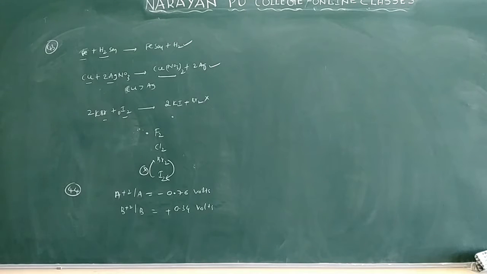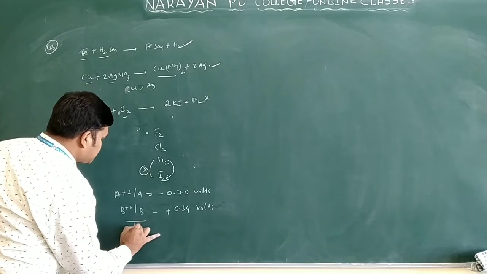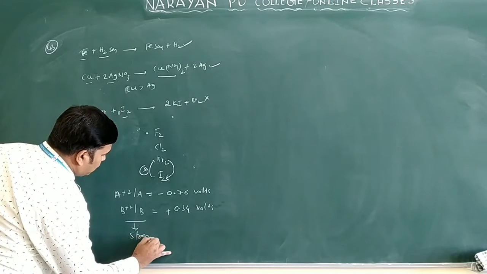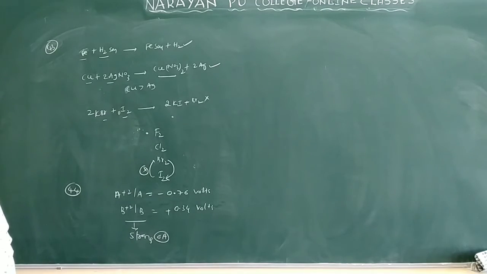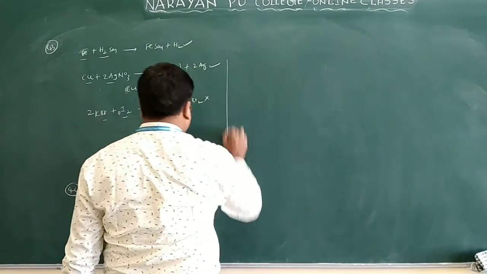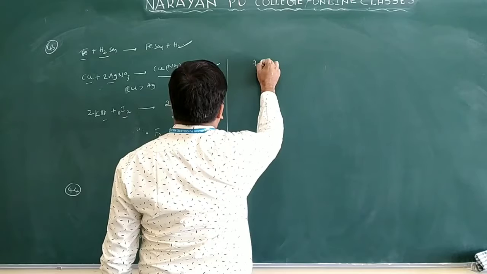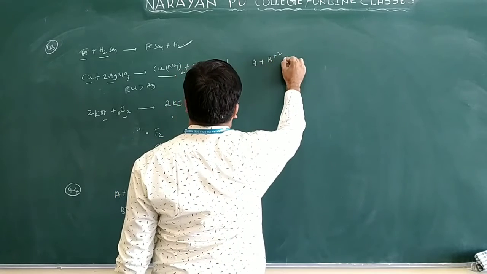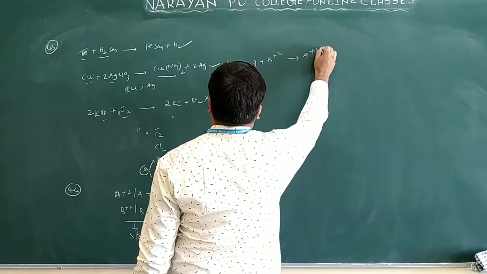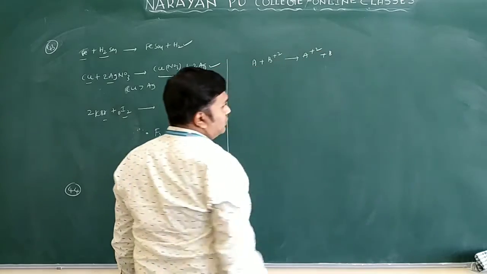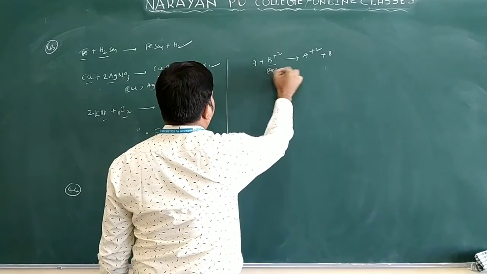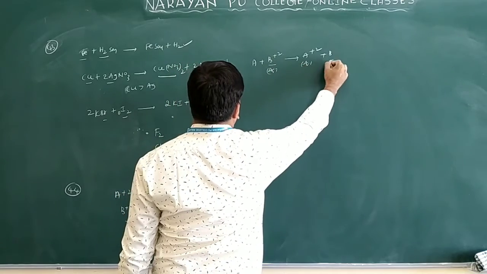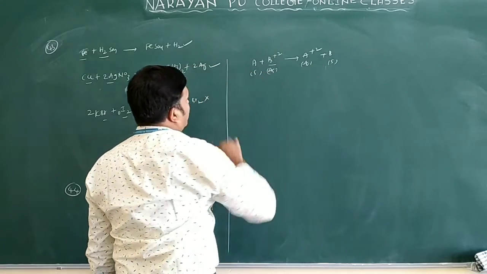Here, which is the strongest oxidizing agent? B2+/B is the strong oxidizing agent. If you see how the reaction takes place, I will write the equation: A plus B2+ gives rise to A2+ and B. Here B2+ and A2+ are in the form of aqueous solution, and B is in the form of deposition.